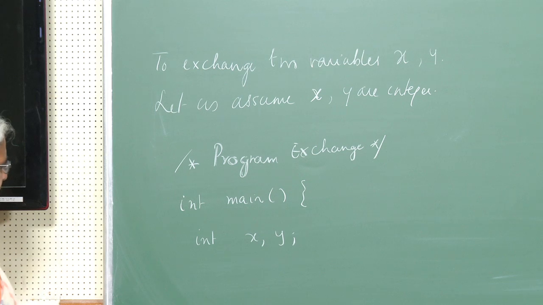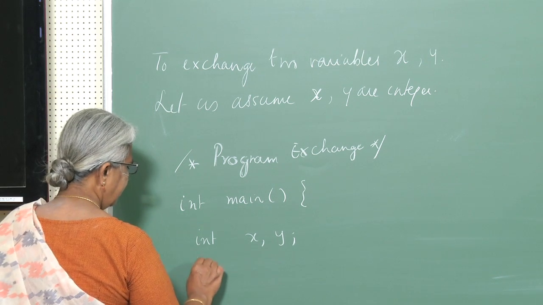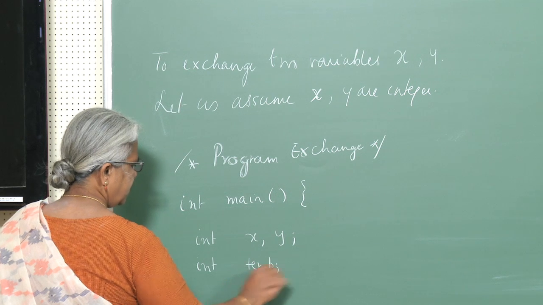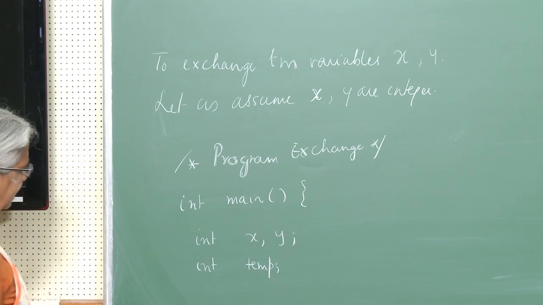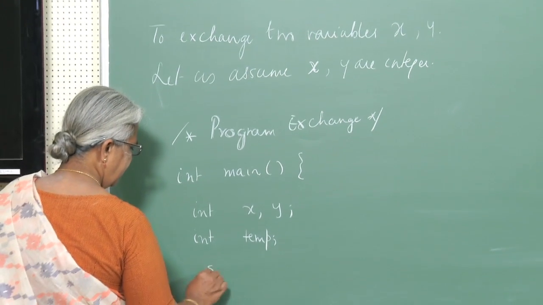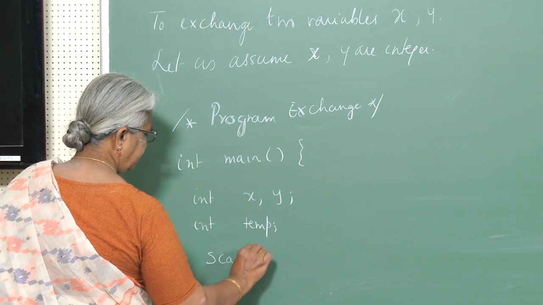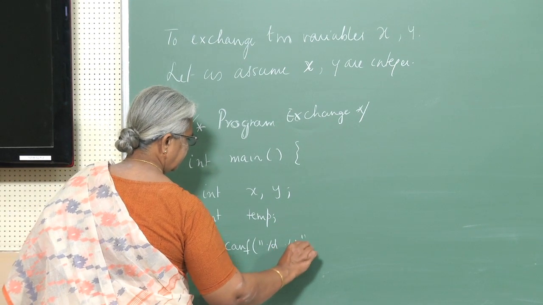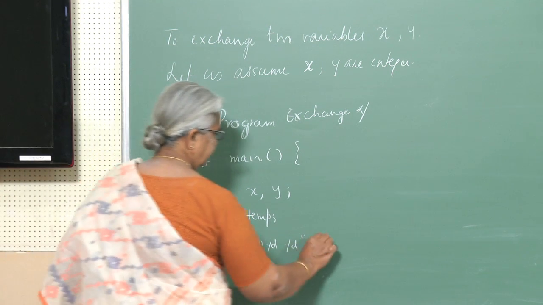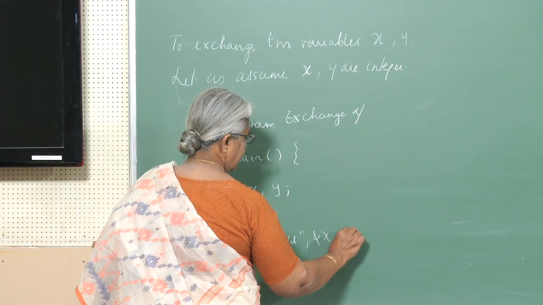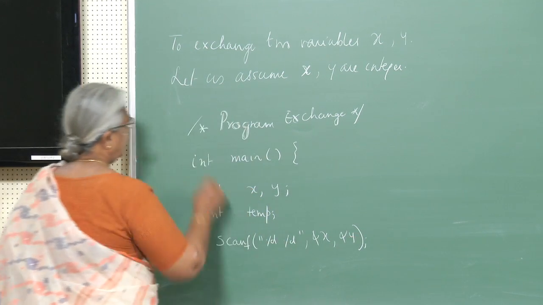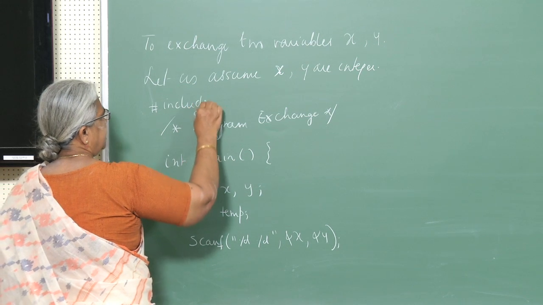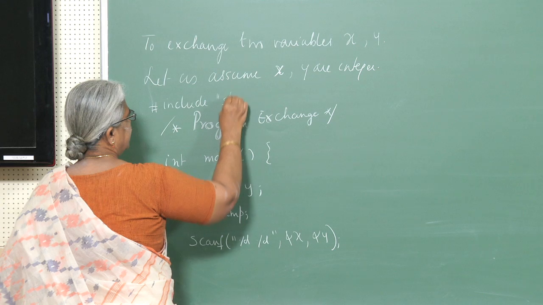If I want to effect this exchange, I will need a temporary variable, unless I want a more efficient program which does not use one. Then maybe I want to read the values x and y with scanf. Of course, I am assuming that you have included stdio.h.